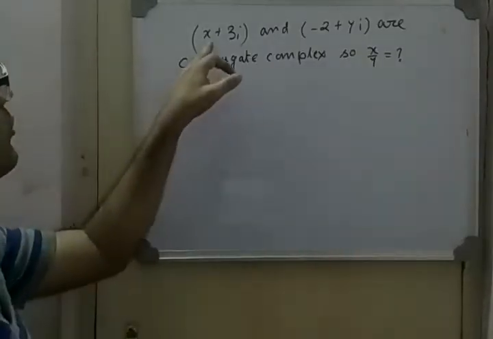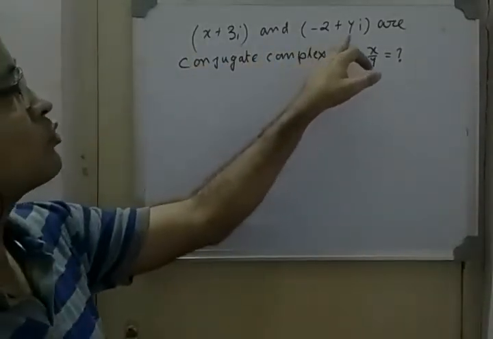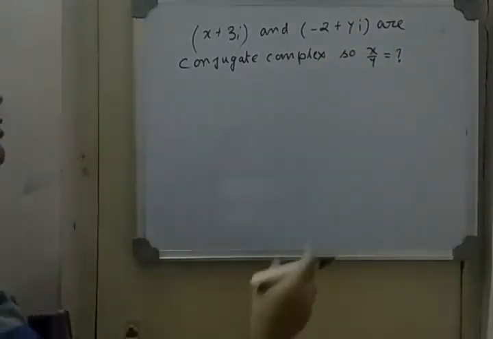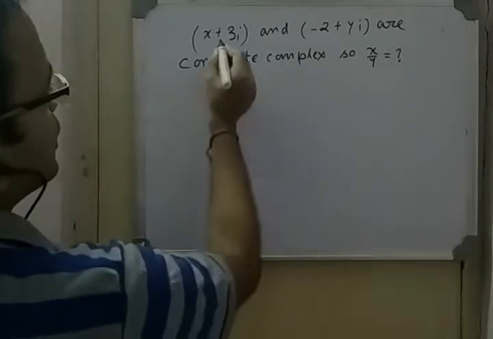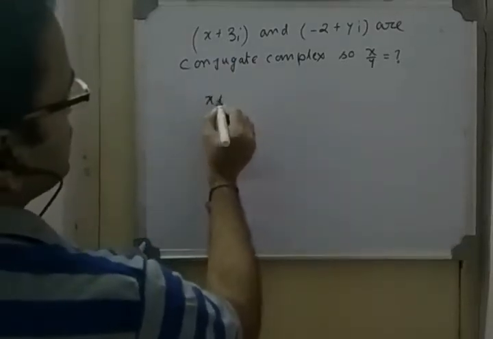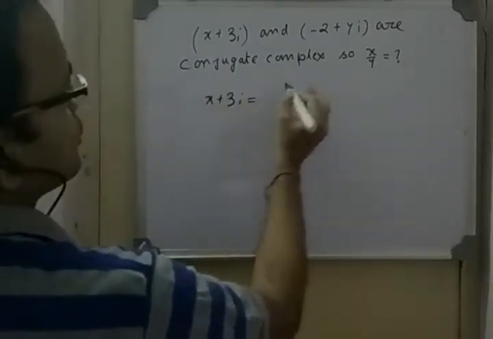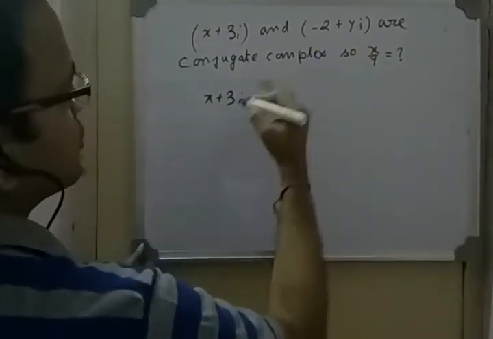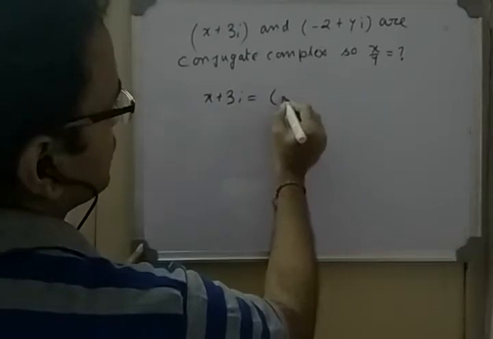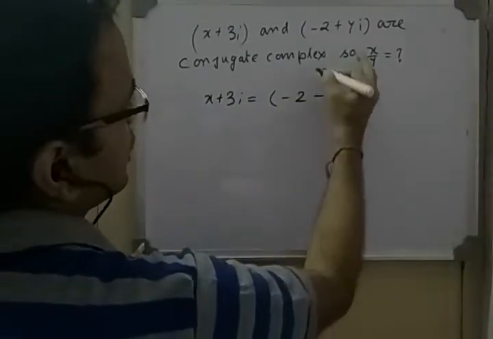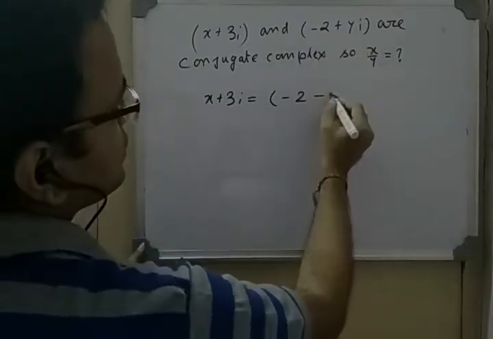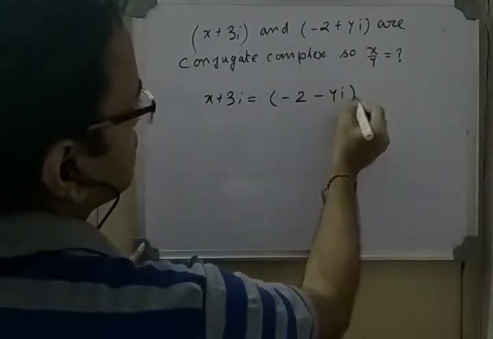Now in this problem, x plus 3i and minus 2 plus yi are conjugate complex. So x by y equal to what? First thing is that x plus 3i is equal to what? Conjugate of this. These are conjugate complex to each other. So what it will be? Minus 2 minus... How do we get a conjugate complex? Just put minus i in place of i. So it will be this.